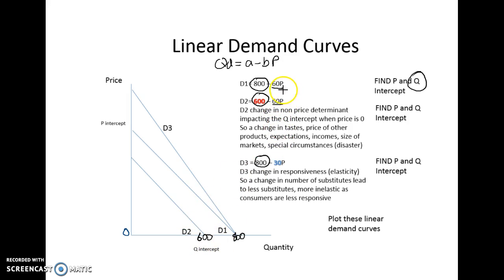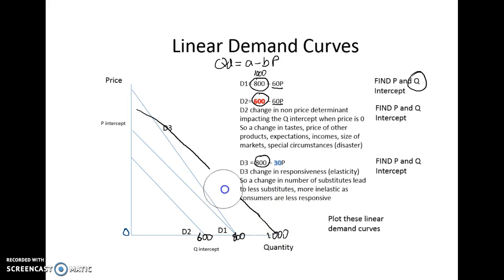However, if that went up to say 1000, that's going to cause a rightward shift. The demand line is going to go this way, but still parallel to D1, and that would come down to here, which would be 1000. Okay, so that's the a variable.